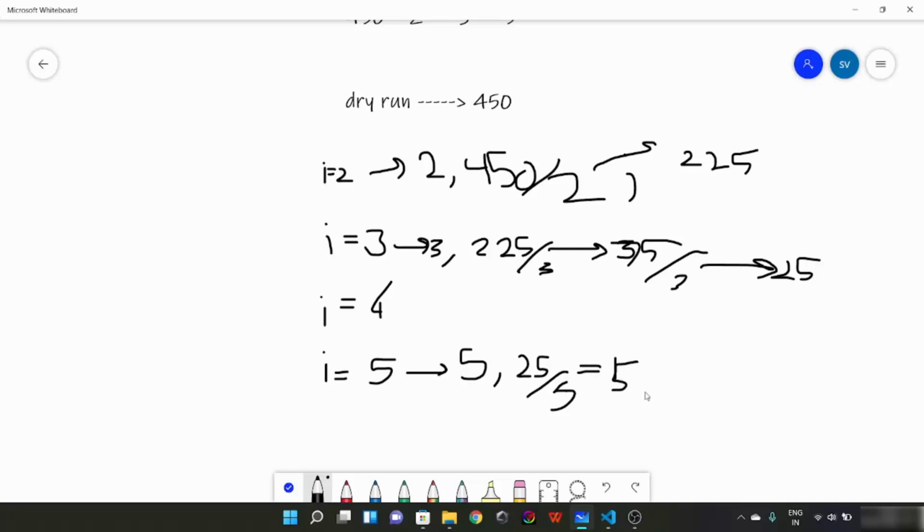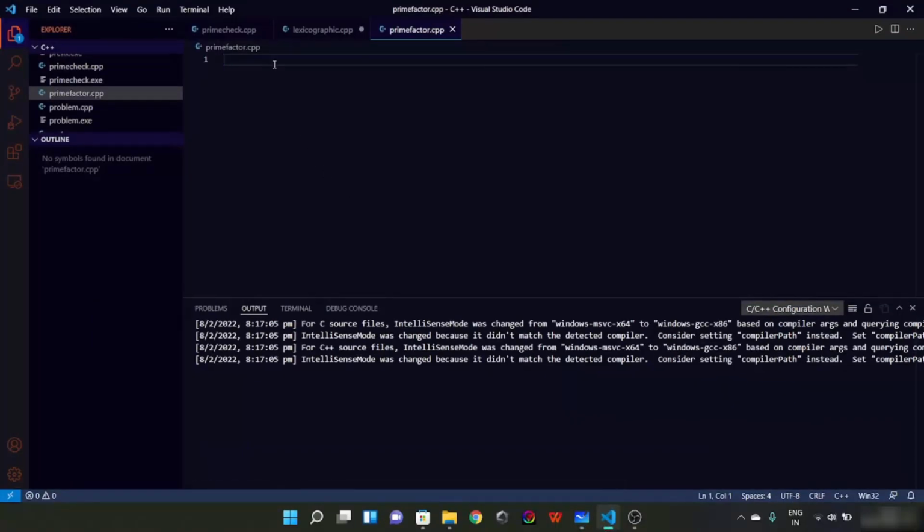Now we'll again print 5, and then we'll divide 5 by 5, which is going to be 1. Hence this is going to be the correct output, right? So this is the algorithm which we are going to follow for this problem. So let's try and code it.